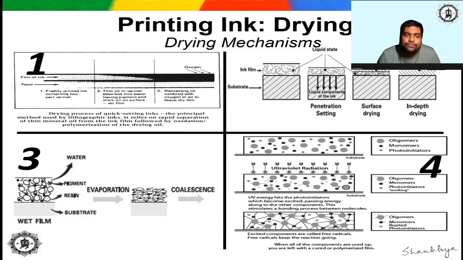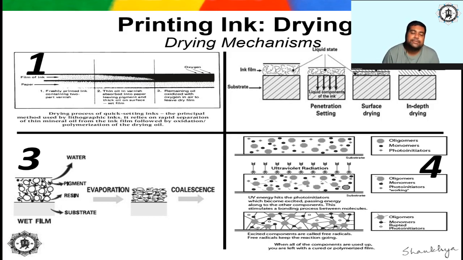Okay, now why is it known as quick set? Quick set inks are basically used for printing in sheet fed offset machines. Sheet fed offset machines print on relatively thicker stock in comparison to your newspaper or web offset.